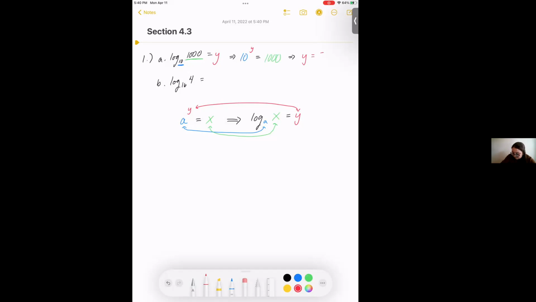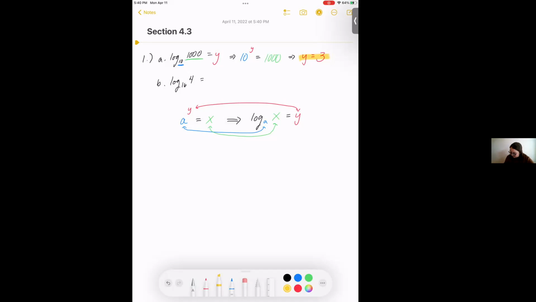And that answer would be 3. So y, or our exponent, would have to be 3 to make this true, which means that log base 10 of 1,000 is equal to 3, while 10 to the power of 3 is equal to 1,000. So that's the result that we'll end up seeing.